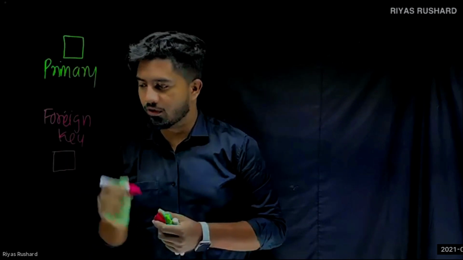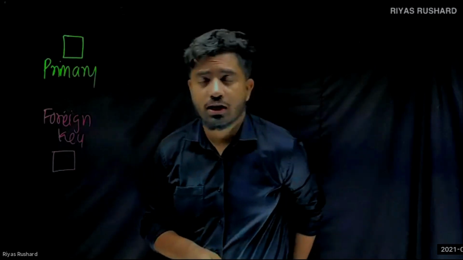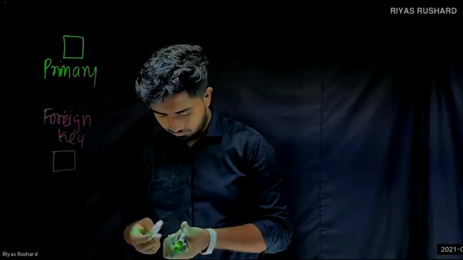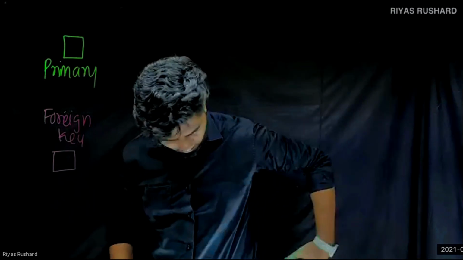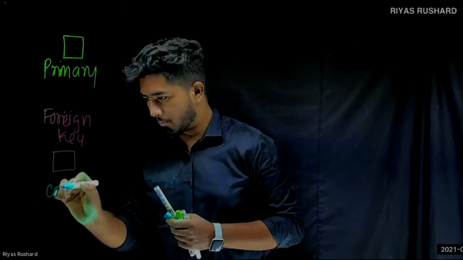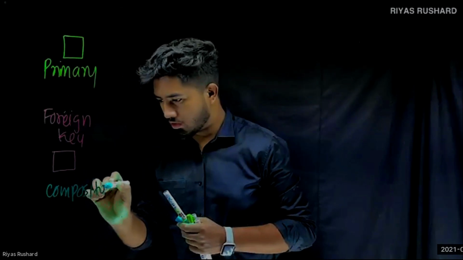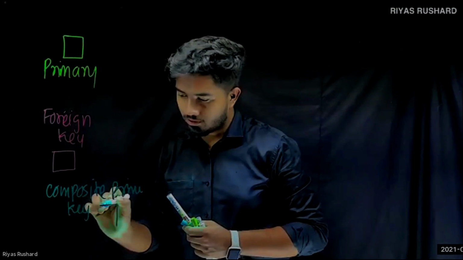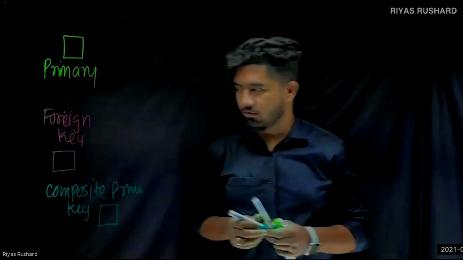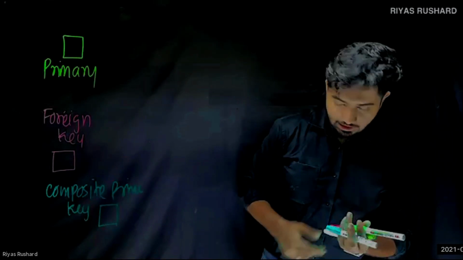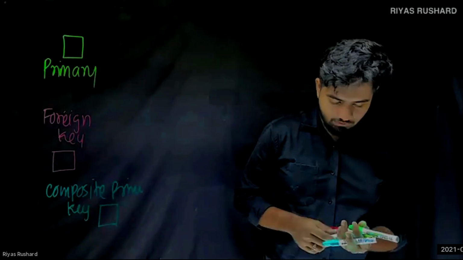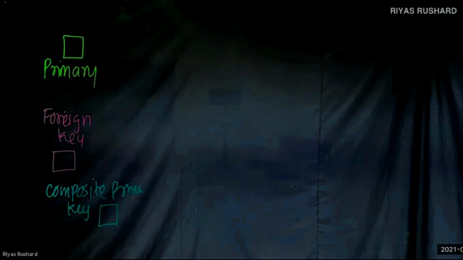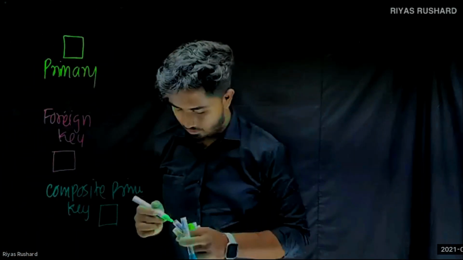The third is the composite primary key. And at last, we have the non-primary key attribute.